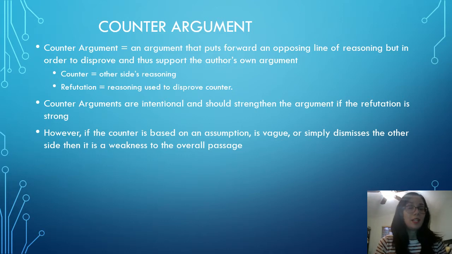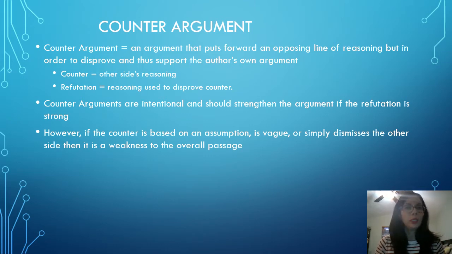However, if the counter and refutation is not strong, if in fact they assume something about the other side that's wrong, if they exaggerate, or if they're vague, they say something like, several studies have shown that this is false. Many experts agree that this is not right. When they don't cite anybody, that's a big red flag that their refutation is weak. Or sometimes they just dismiss the other side.